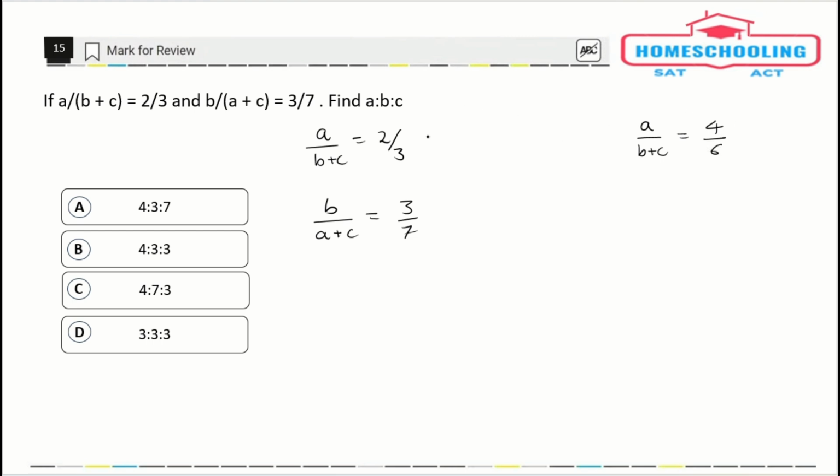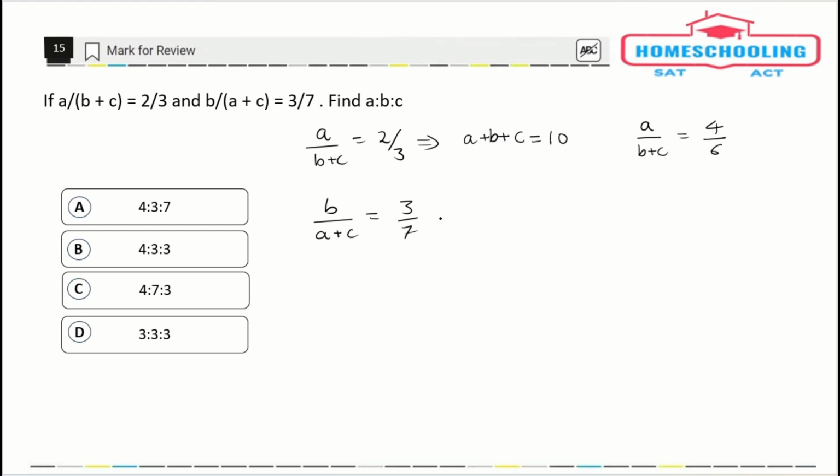So from this we can say that A plus B plus C is how much? A is equal to 4, B plus C is equal to 6. So 4 plus 6, that would be 10.